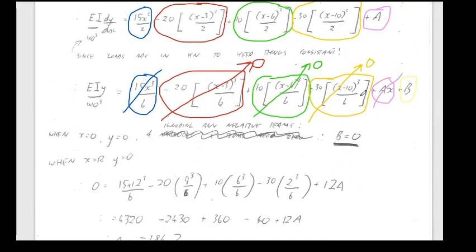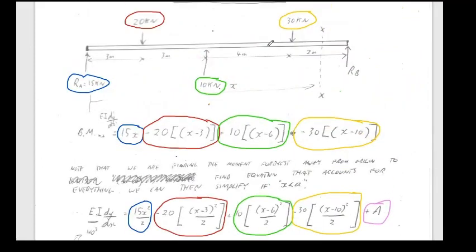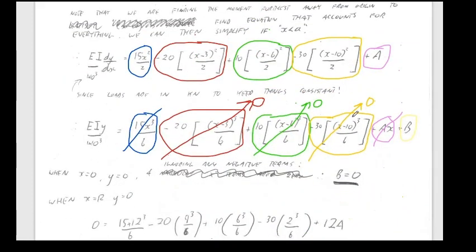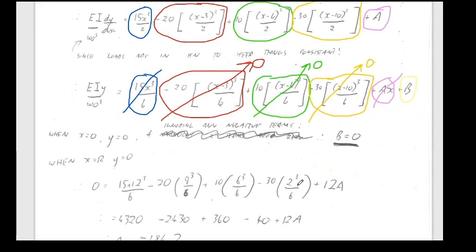Then there we've got our gold load, 12 minus 10 is 2, and 2 cubed over 6 is positive. We're 2 meters past it, so we must consider that load. So we've got 2 cubed over 6. Now, if x is 12, we've got 12a there, and we've already said that b is equal to 0, so therefore b has disappeared here.